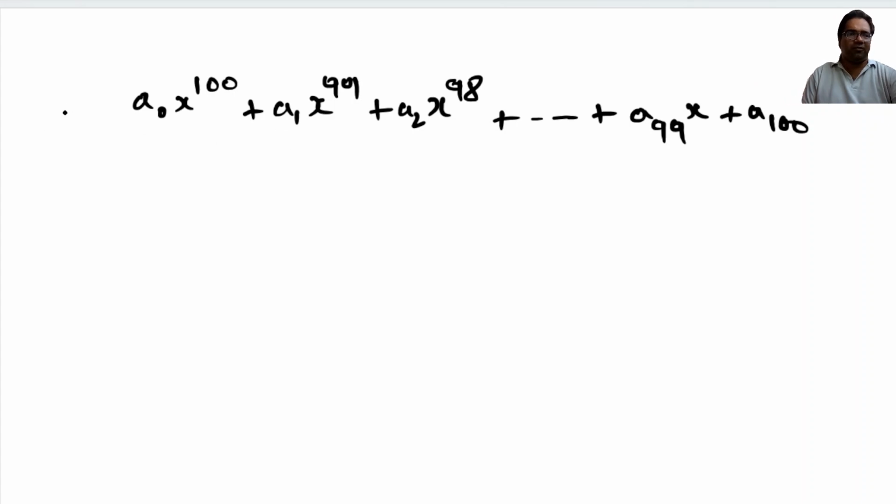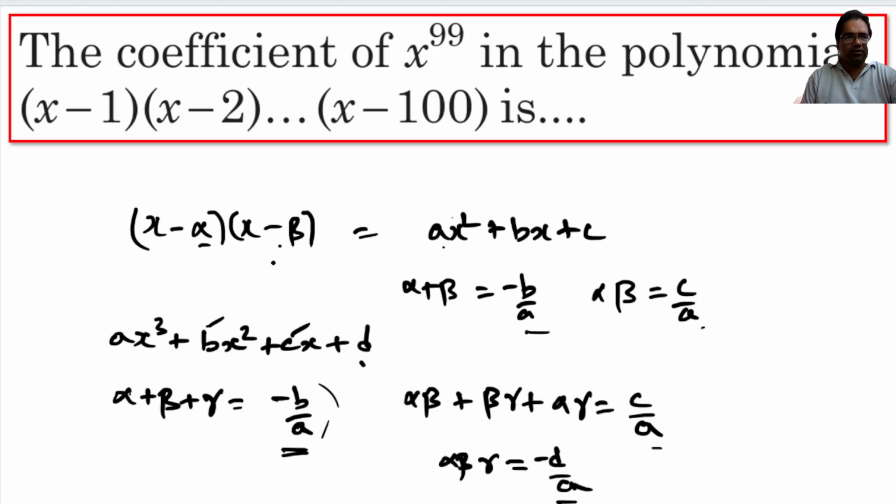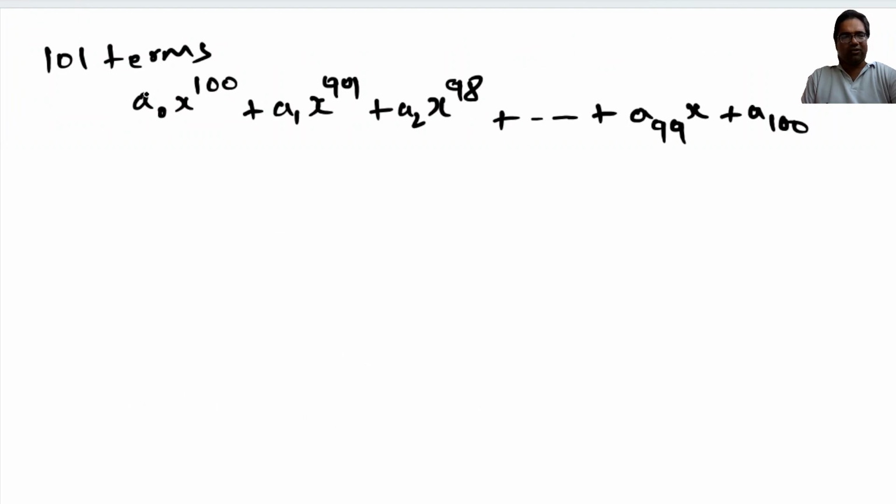We'll get 101 terms. For example, when there are two roots, we'll get 3 terms. When there are 3 roots, we'll get 4 terms. When there are 100 roots, we'll get 101 terms.